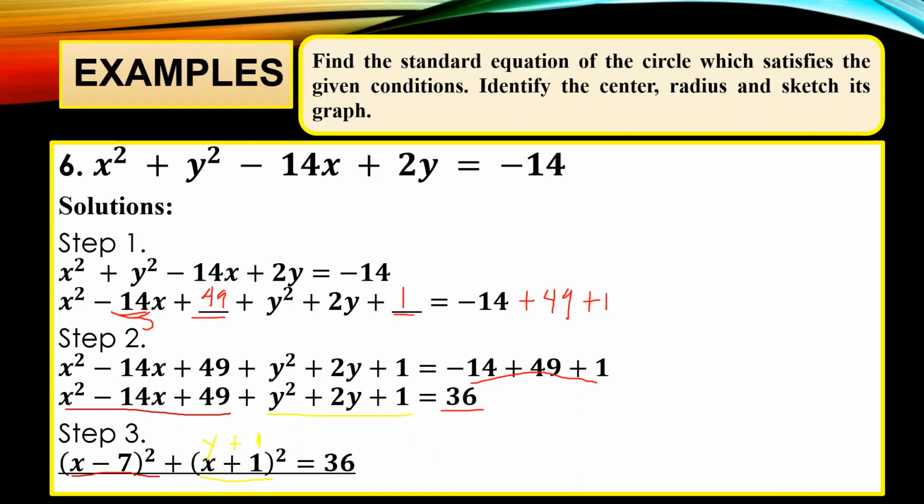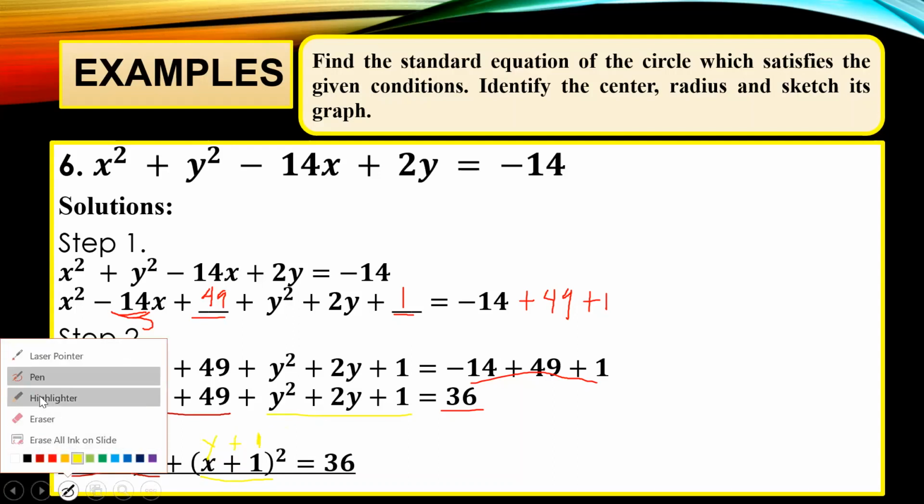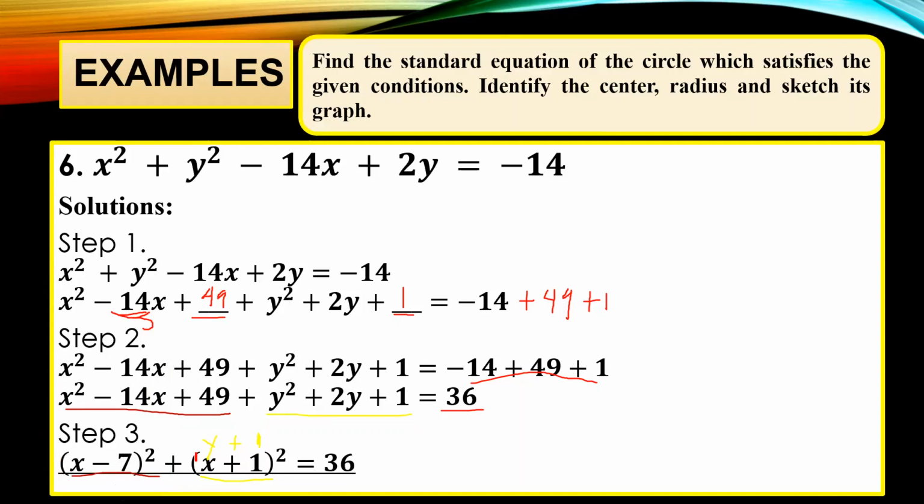So x minus 7 squared plus y plus 1 squared is equal to 36.